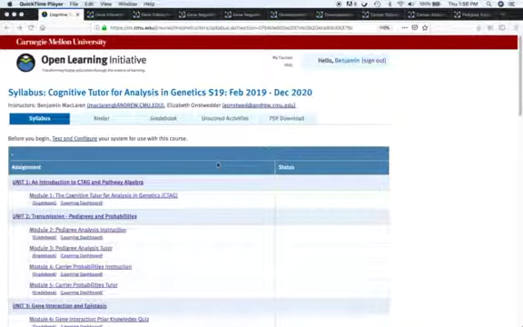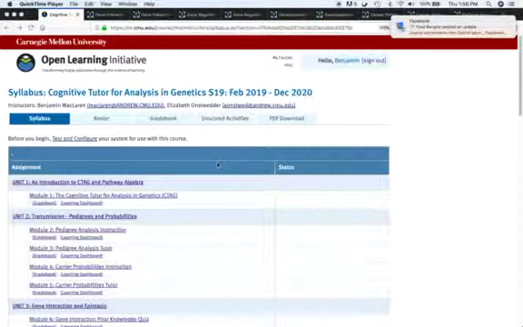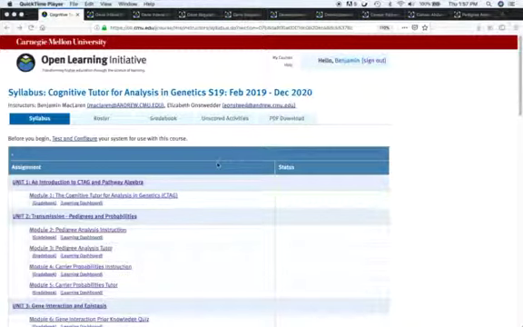So to use CTAG, the first thing that you need to do is go to Carnegie Mellon's Open Learning Initiative website at oli.cmu.edu and sign up for an OLI account. It's very easy, it'll only take a few minutes, and register for the CTAG course.